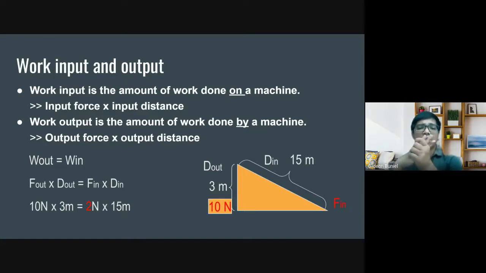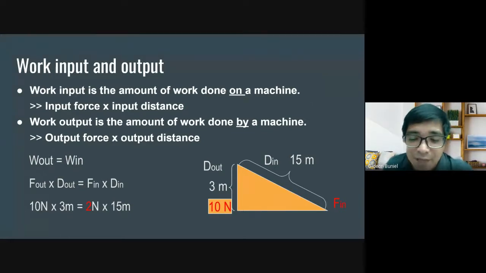Work input is the amount of work done on a machine. Okay? You just need to remember this. Work input is the amount of work done on a machine. So, input force times input distance. So generally, the formula for work is force times distance, right?